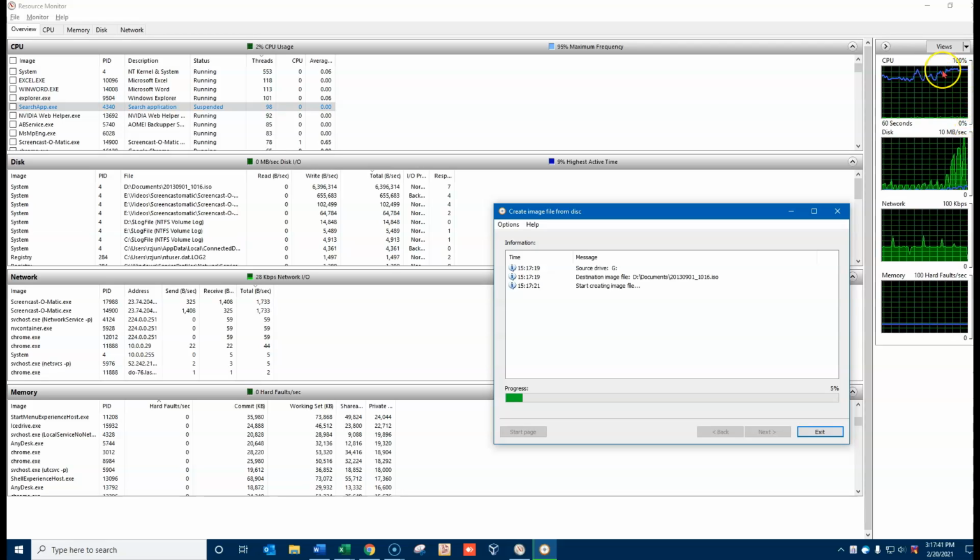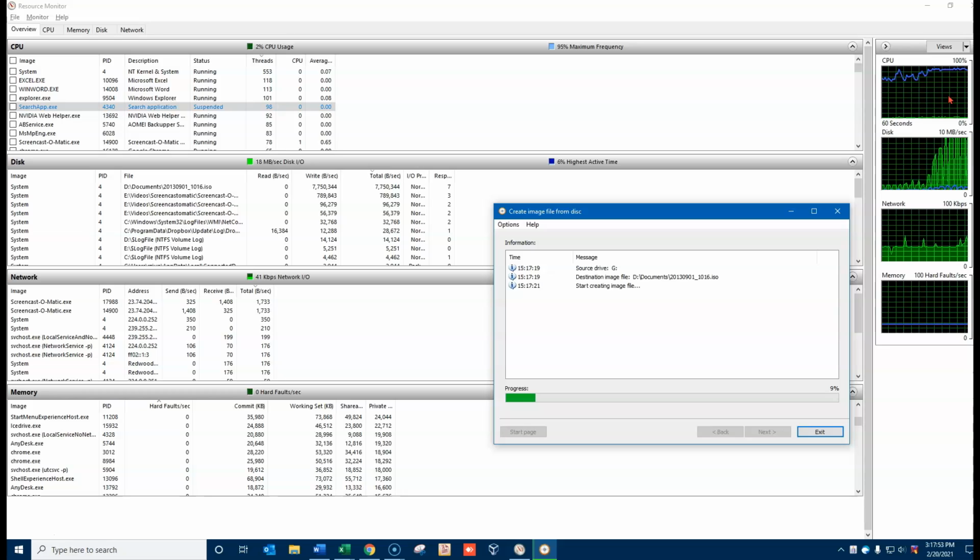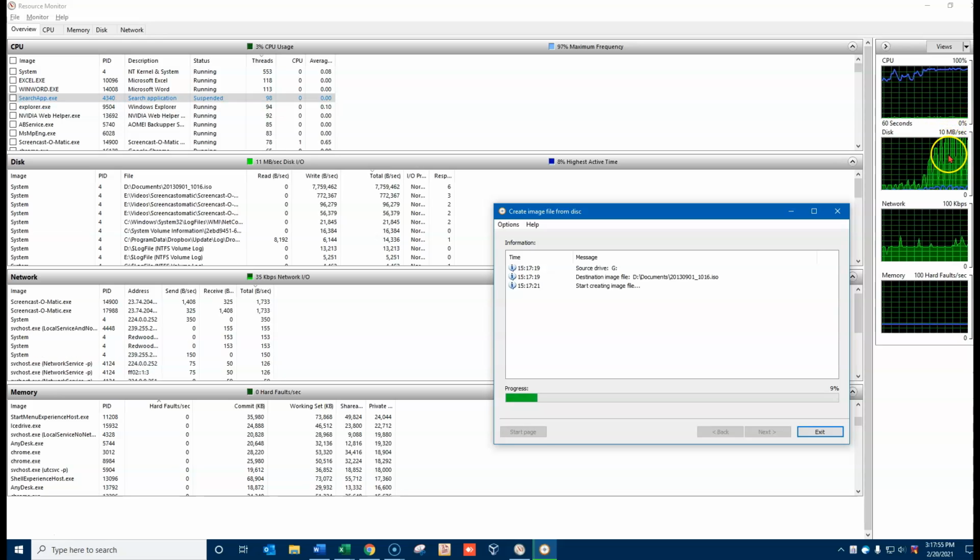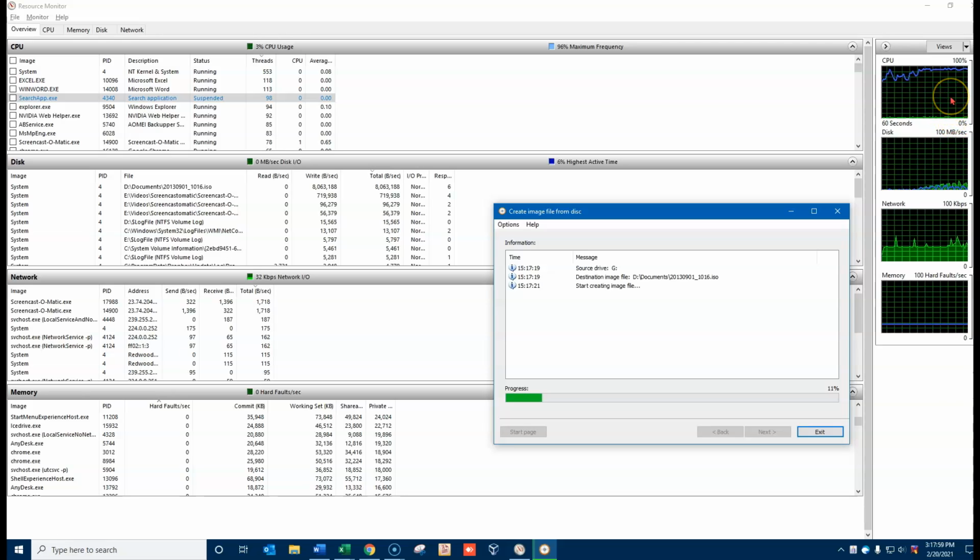Interestingly, we're not having any impact on the CPU. Why are we not having an impact on the CPU? Well, that's because of something called DMA, Direct Memory Access. This allows information to pass through our computer, in this case from the optical drive to our hard drive, without passing through the CPU.